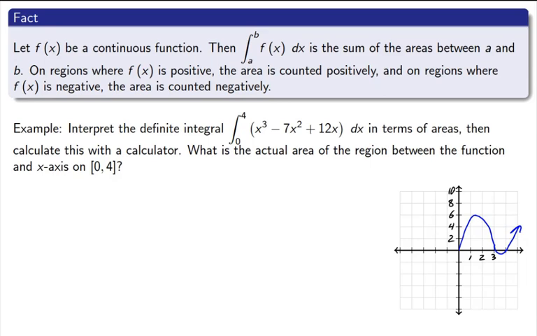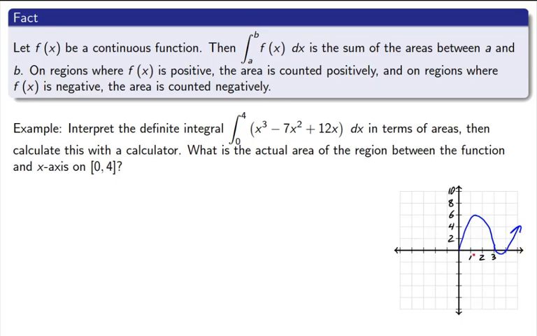Now when I say area under the curve, remember this is really a net area that we're talking about. So I'm going to use my calculator to calculate this integral. But because I've got a positive and a negative region, for now I'm just going to calculate the integral from 0 to 3.